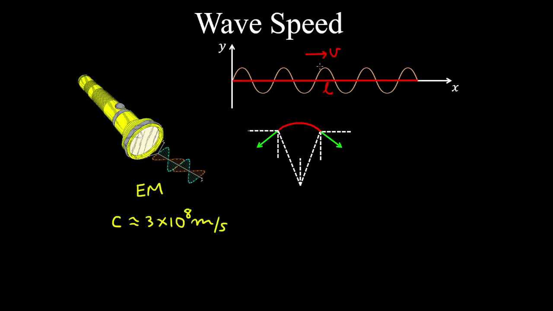Now consider our string here and the speed of the wave going through the string. And if we cut out a small part of this string and blow it up here, the length of this section of string is delta L. And we're not doing calculus here, so we'll just assume this is a very small length. So before sending a disturbance through this string, suppose a tension force was applied to the string.